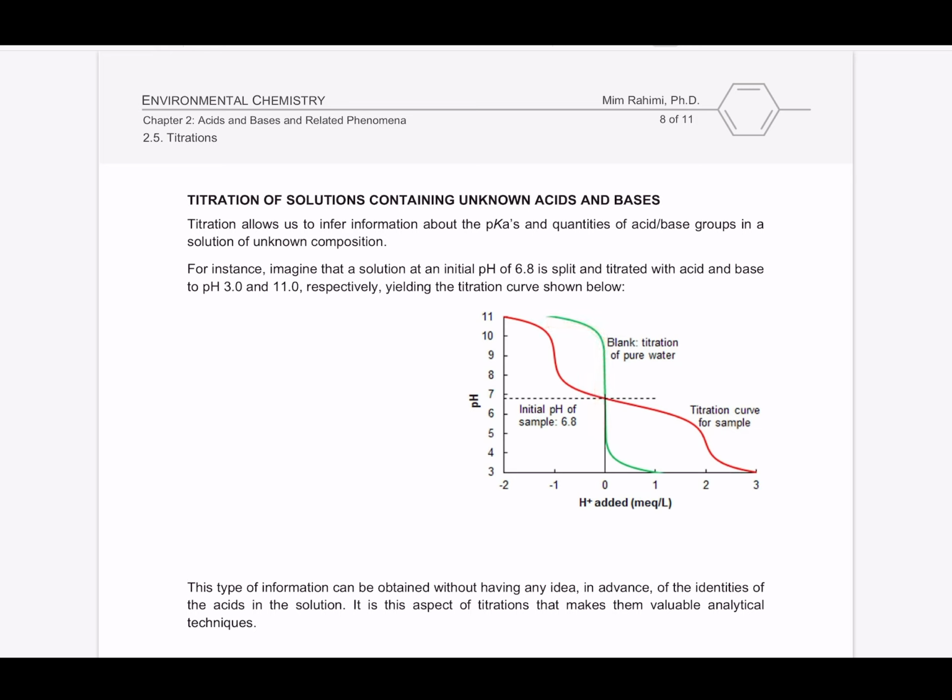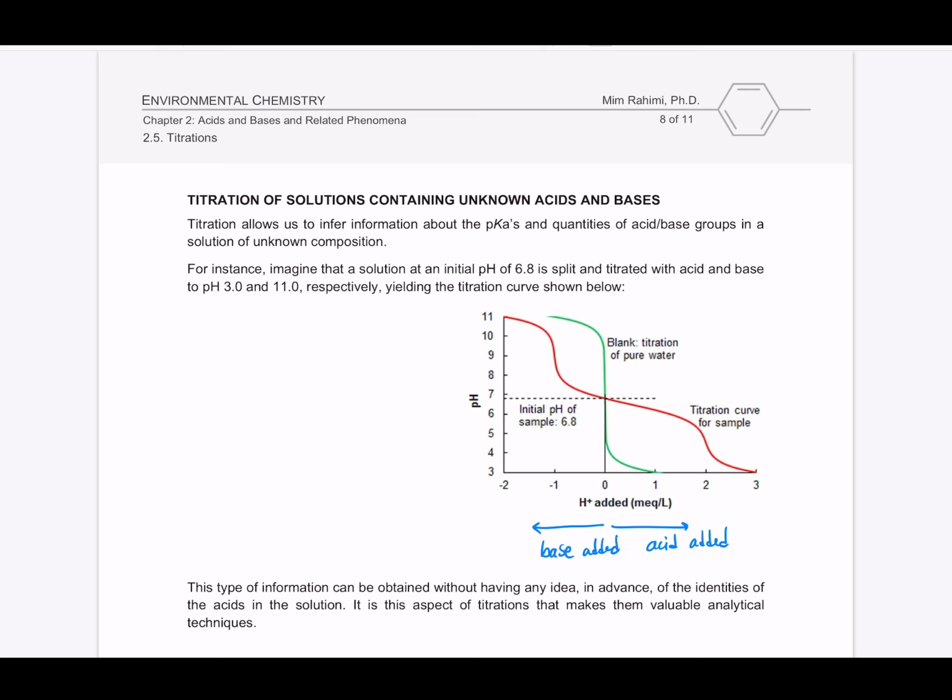So now we know initially the pH was around 6.8. So this is the first thing we see. No acid added, no base added. So we know this way is basically acid added. This way basically base added.